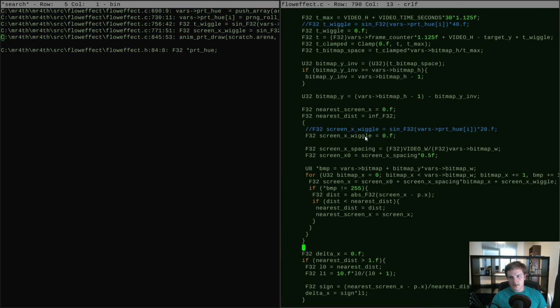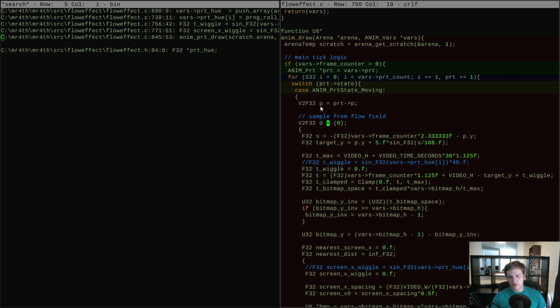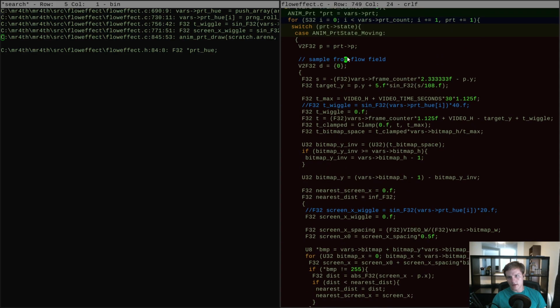But that means that this here is a function that takes p to d, right? We're really just saying, given this value of p, oh, I guess it's also using s, the time.